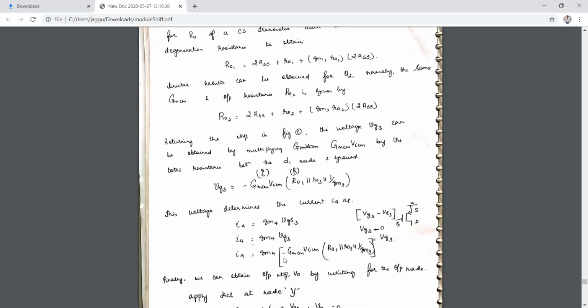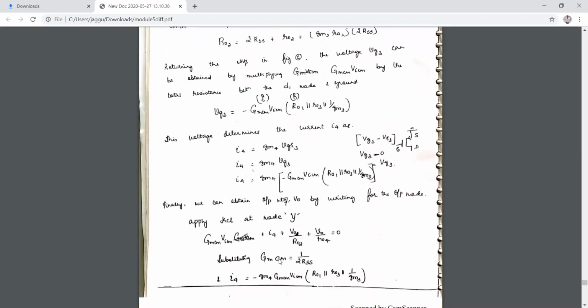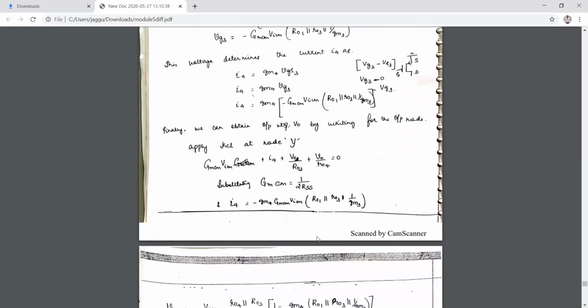So substitute this VGS3 and apply KCL at node Y. This is I4. When you apply KCL at node Y, the sum of entering current and exit current will be equal to 0. I4 plus the corresponding voltage divided by the resistance is equal to 0.